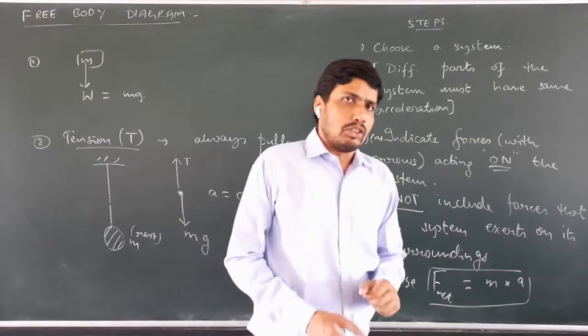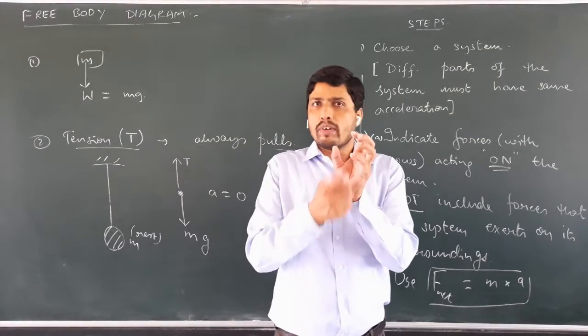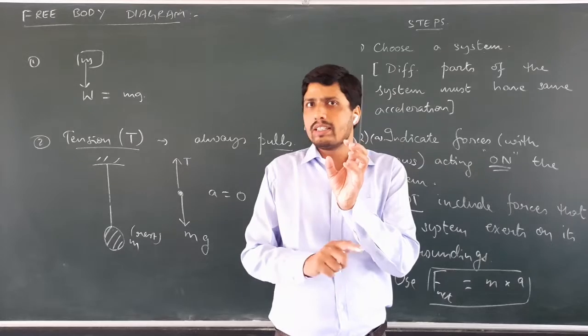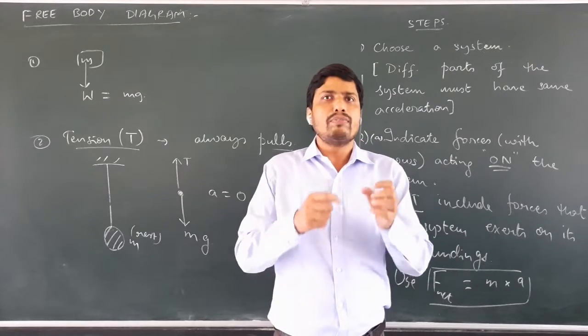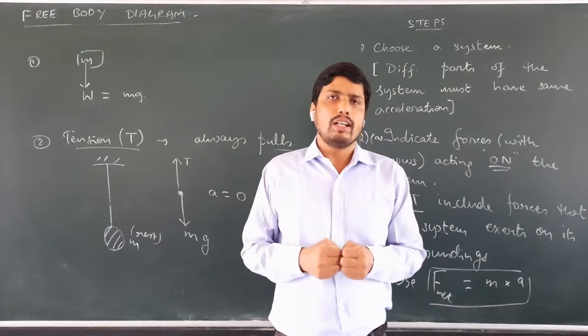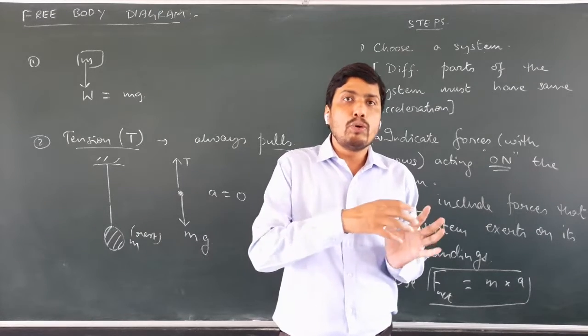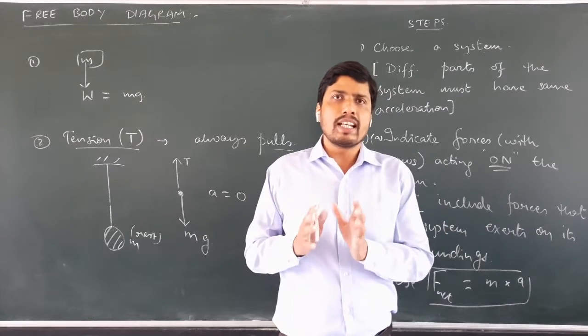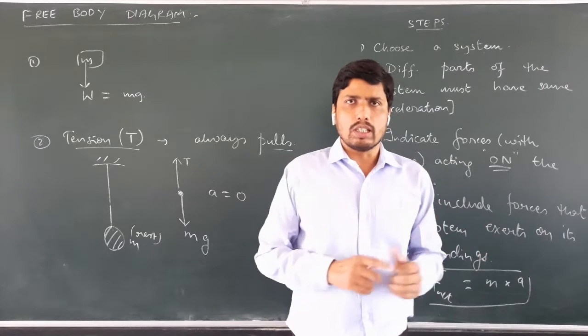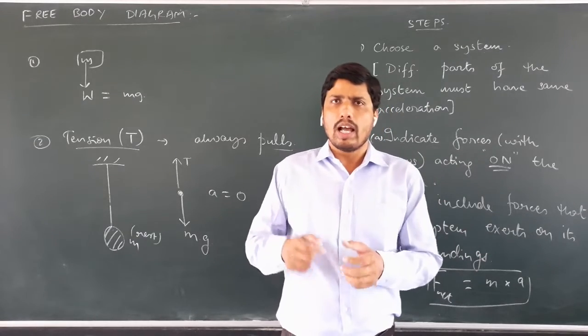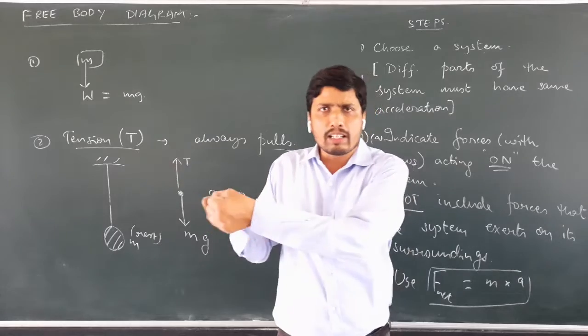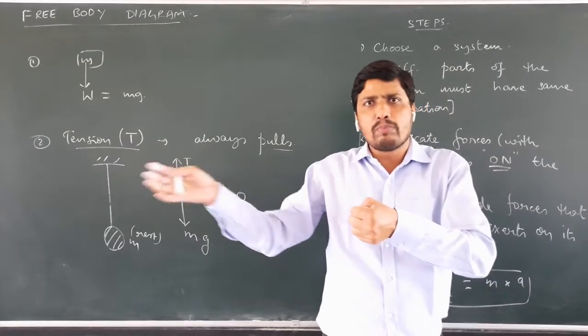So remember these things, students. For a body of mass m, its weight will always be in the downward direction, mg. If there is a string which is stretched, the direction of tension will be such as to pull the system. A string can never be used to push a body. It can be used to pull a body. I can tie a string to a block and pull the string, and the string will pull the block.